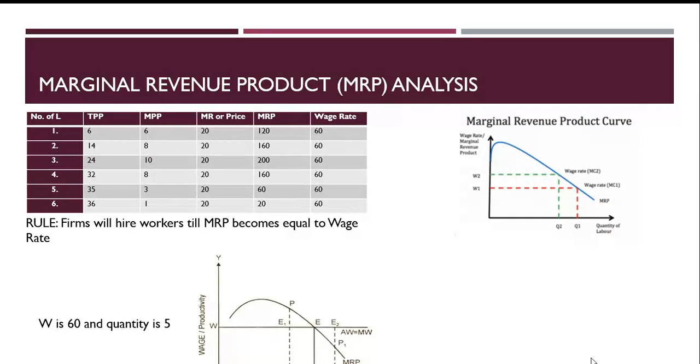But before we start the MRP analysis, please recall I gave you an example saying that when you hire someone to work in your office or in your place, a maid comes in the morning, she works in your house. When she is working, you are not hiring the maid because you want the maid to come to your house. It's not the affection for that particular maid which is the main factor behind hiring her.